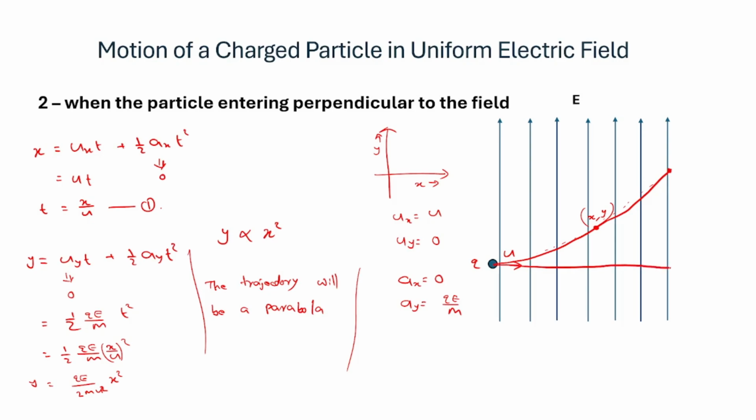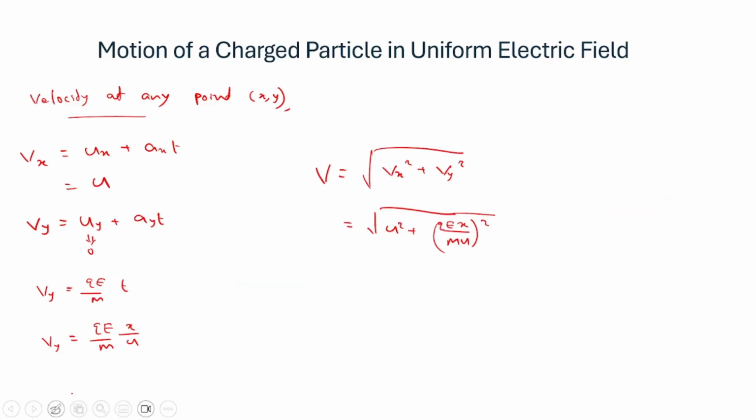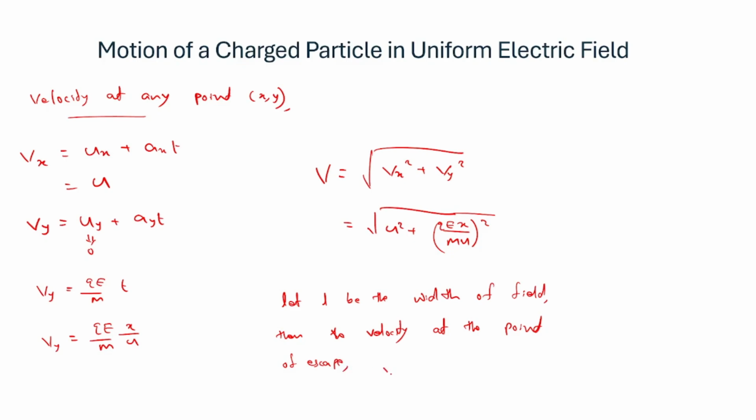So let L be the width of the field, then the velocity of the particle at the point of escape will be equal to under root of u square plus qE, in place of x L will come, so (qEL upon mu) whole square.